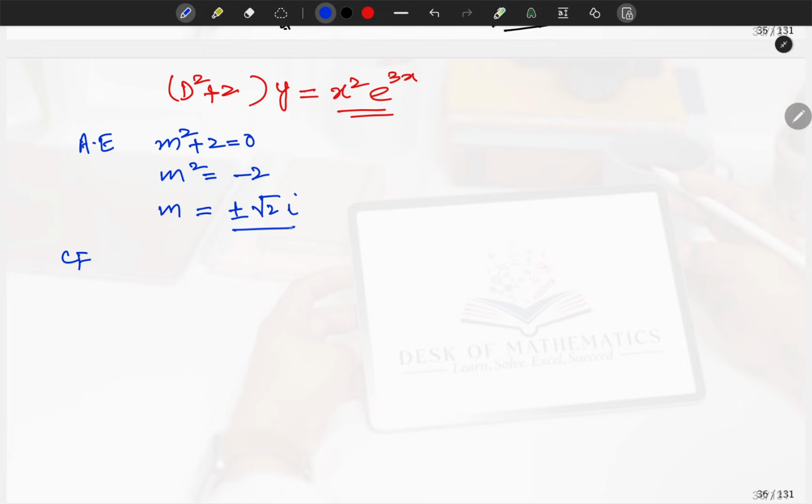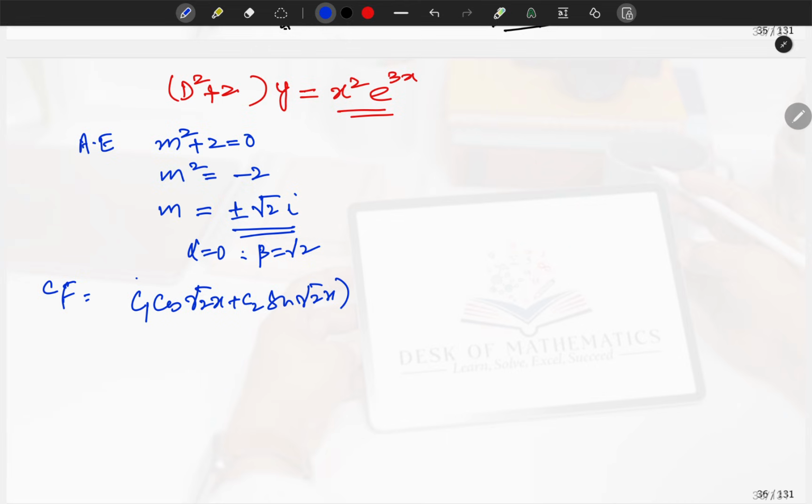Complementary function, it is complex, so alpha is 0, beta is root 2. So complementary function: first e raised for real part, that's 0x, that is 1, so I will write directly c1 cos of root 2x plus c2 sine of root 2x.